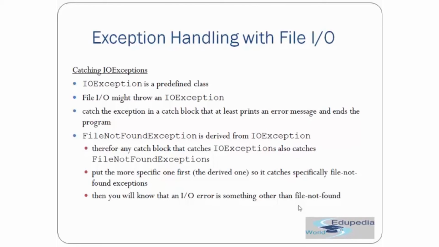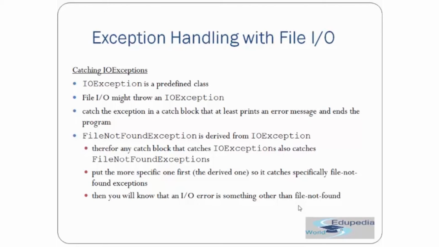FileNotFoundException is derived from IOException. So, in a previous example we were doing FileNotFoundException, and this exception is derived from IOException. Therefore, any catch block that catches IOException also catches FileNotFoundException, because FileNotFoundException is a subclass of IOException. Put the more specific one first.